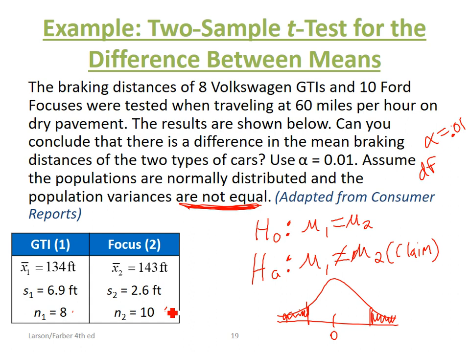So what's 8 minus 1? 7. So what's our degrees of freedom? 7. All right, now we look on the chart. And for alpha 0.01, two-tailed, and DF 7, what do we get? What is it?